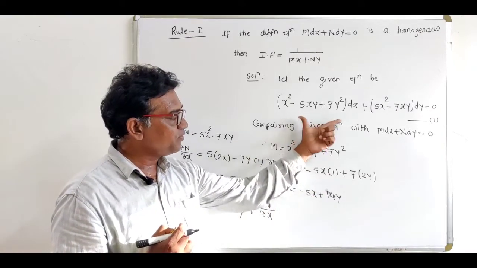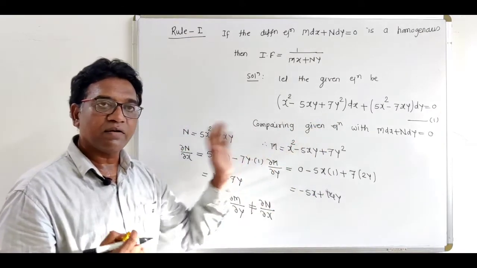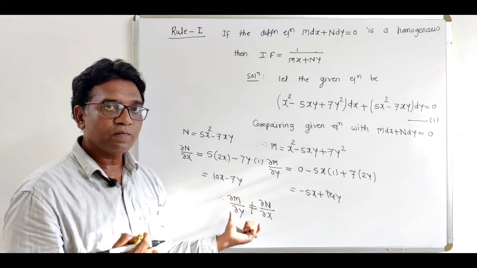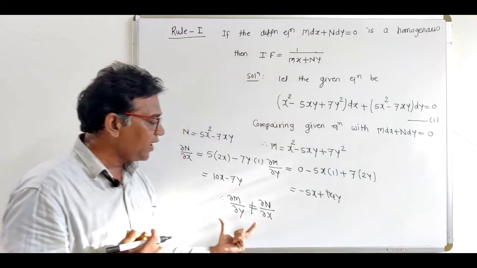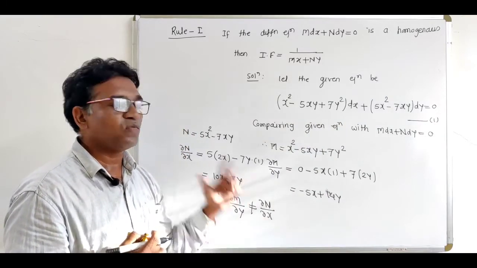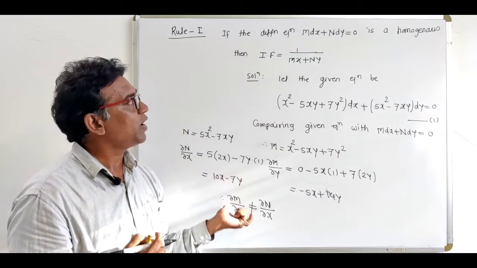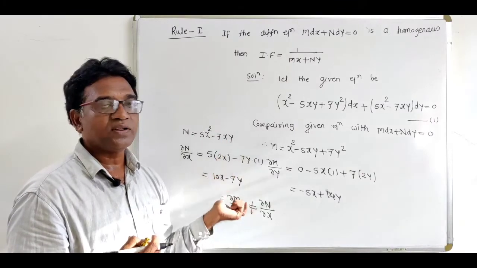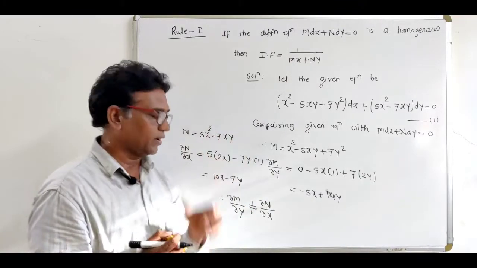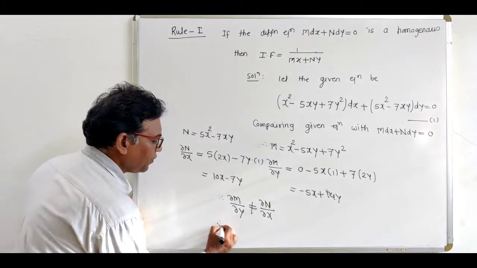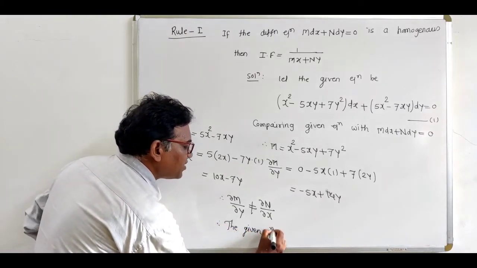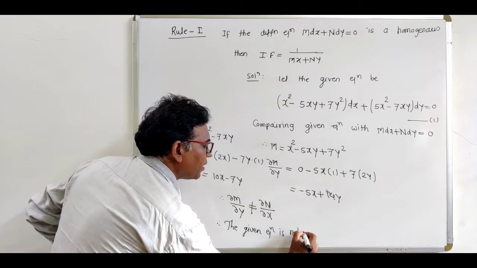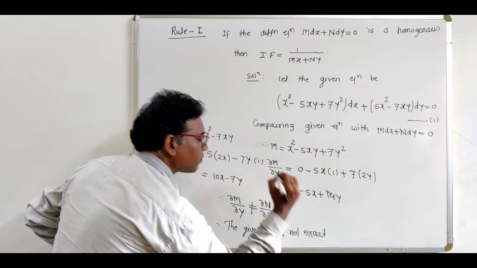If it is exact, we can find its solution directly. If it is non-exact, then the next step is to find the keyword or password, that is the integrating factor. Therefore, the given equation is not exact.